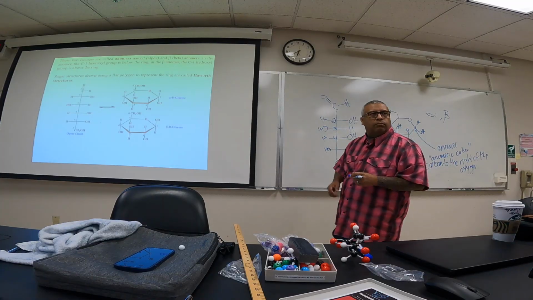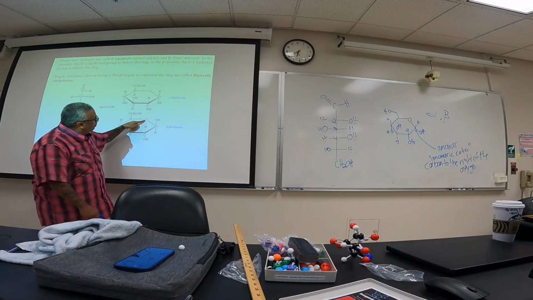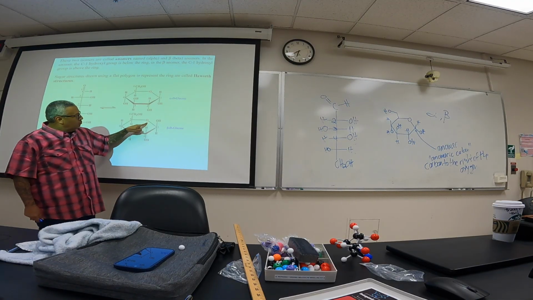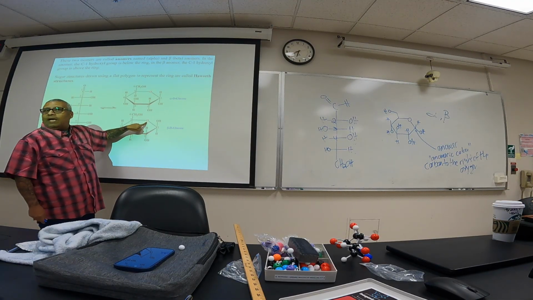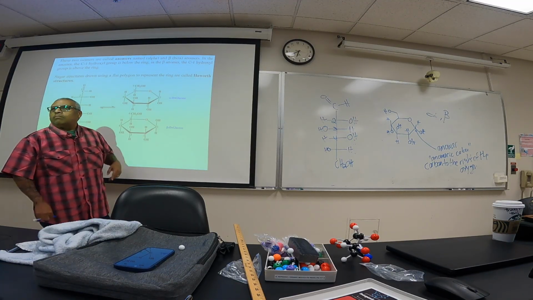This carbon here, that is our anomer, and it's the carbon that's to the right of the oxygen. So here's my oxygen, and if I go to the right, this is my anomer. This is my anomeric carbon.